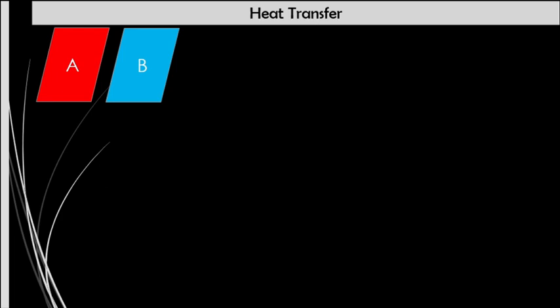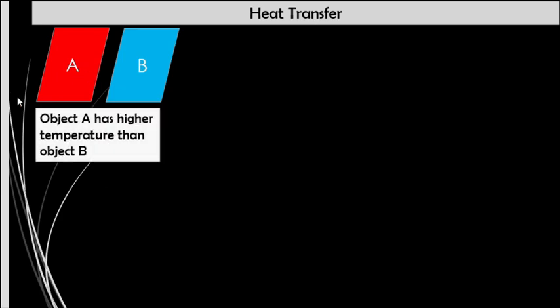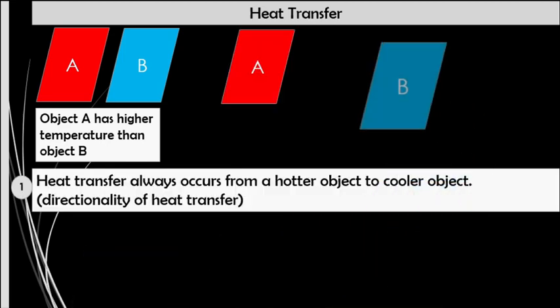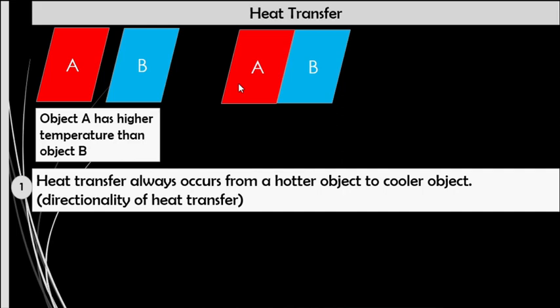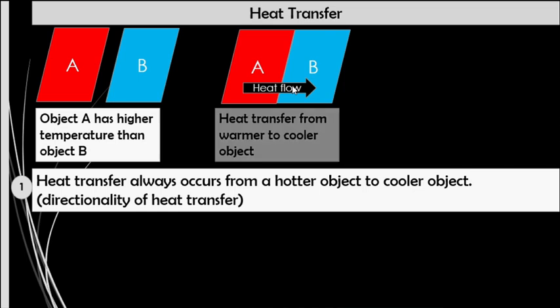If we are given two objects, A and B, at different temperatures, and object A has a higher temperature than object B, and they are put in contact together, object A will transfer energy to object B, because heat transfer always occurs from a hotter object to a cooler object. That is the directionality of heat transfer, from higher temperature to lower temperature.